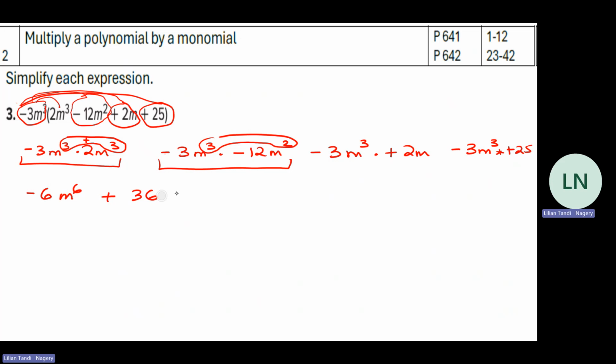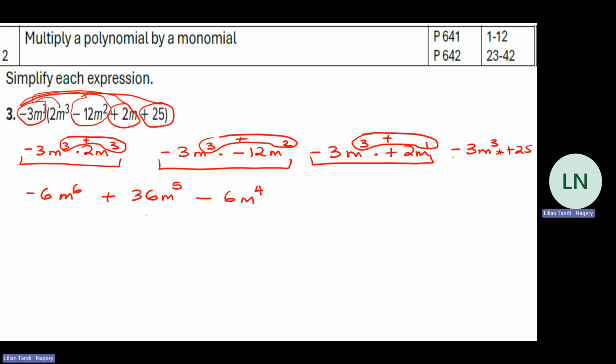I'm going to get m to the 5th power. Then I'm going to do this. A negative times a positive is a negative. 3 times 2 is 6. This term has power 1. 3 plus 1 is 4. So m to the 4th power.